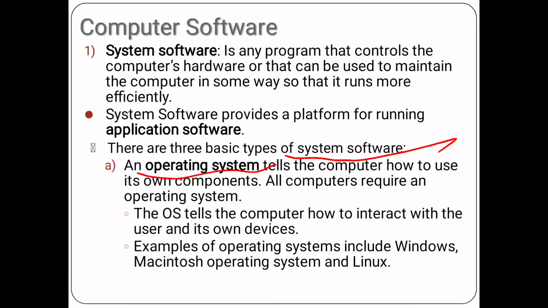The operating system tells the computer how to use the computer. All computers require an operating system. The OS tells the computer how to interact with the user and its own devices. Example operating systems include Windows, Macintosh operating system and Linux.